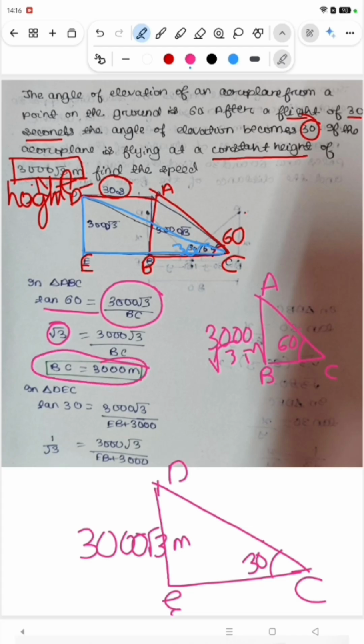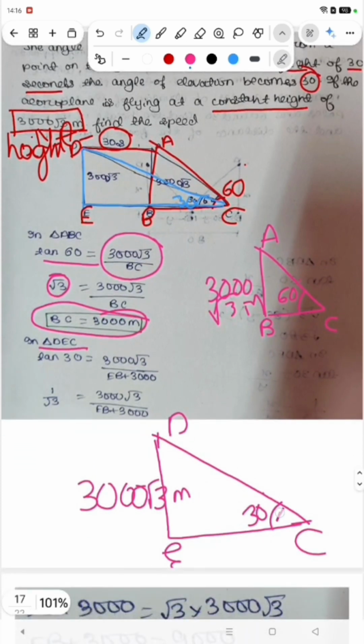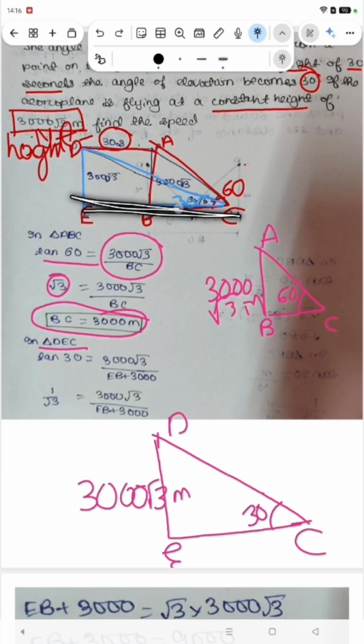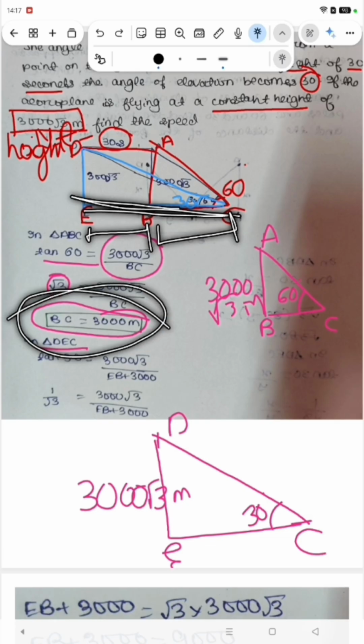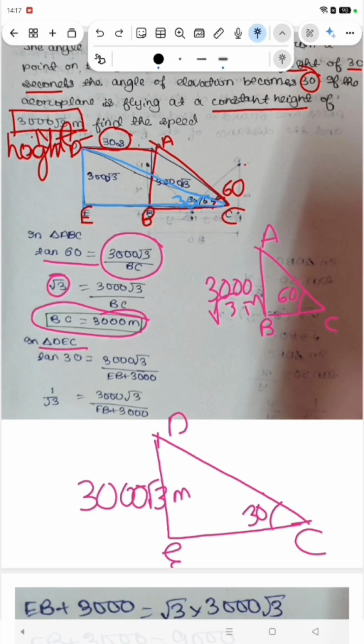In the other triangle, the big triangle BCE, tan 30 is already given, and tan 30 is equal to 3000 root 3 upon this total base, that is EB plus BC. BC value we have found, so EB value we have to find.